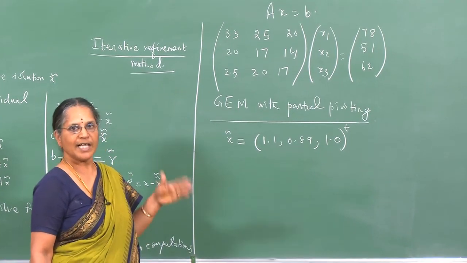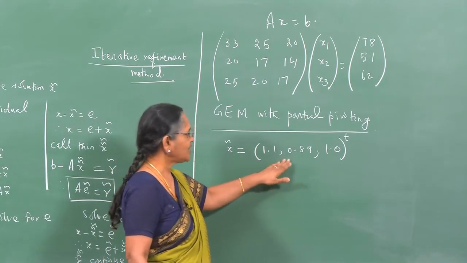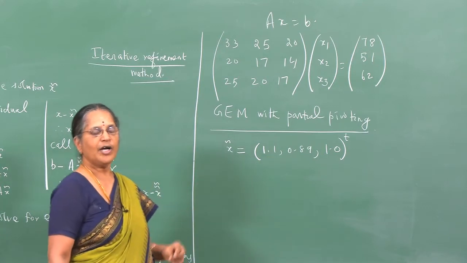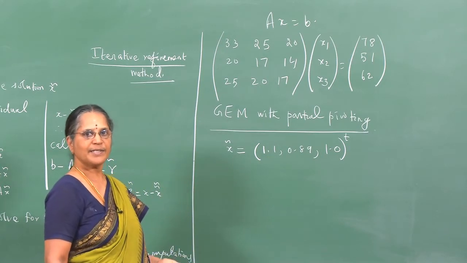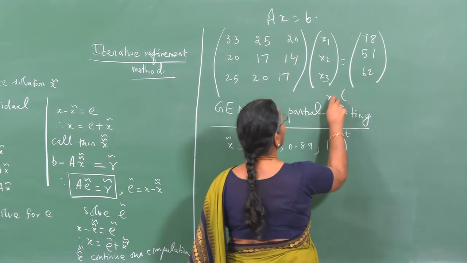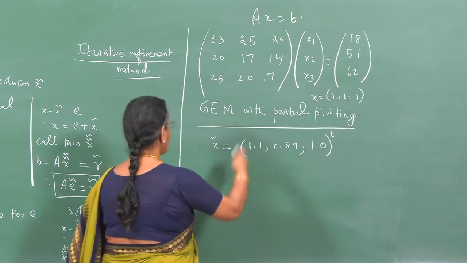When I apply Gauss elimination method with partial pivoting, I end up with a solution which is this. So, it is an approximate solution. So, I must improve this approximate solution so that I go closer and closer to the exact solution, which is 1, 1, 1. So, what should I do?